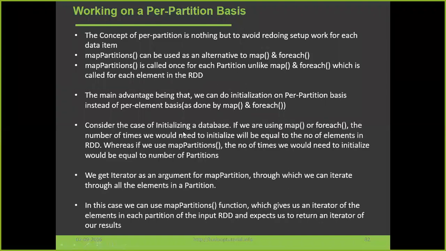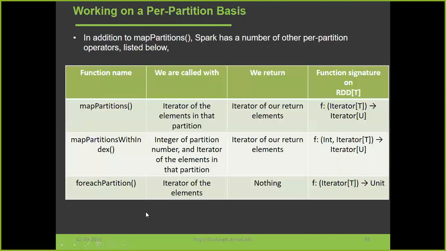Consider the case of initializing a DB, the same stuff. You get an iterator as an argument for mapPartitions, through which we can iterate through all the elements. In this per-partition category, we have three types of methods: mapPartitions, and mapPartitionsWithIndex, in which you also get the partition number, that is, which partition you are processing right now.